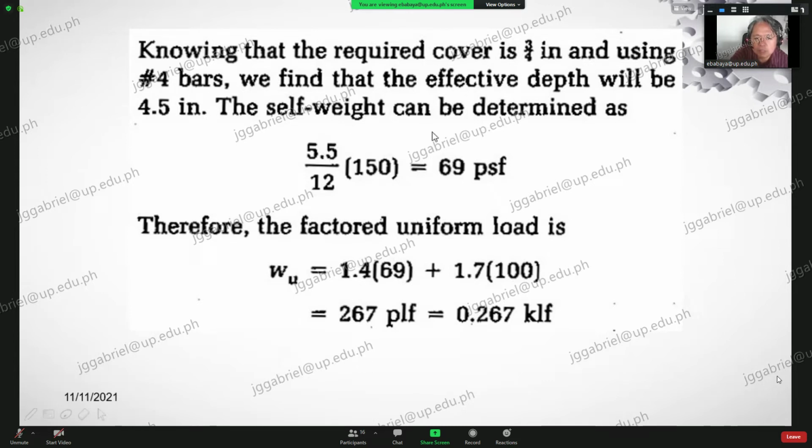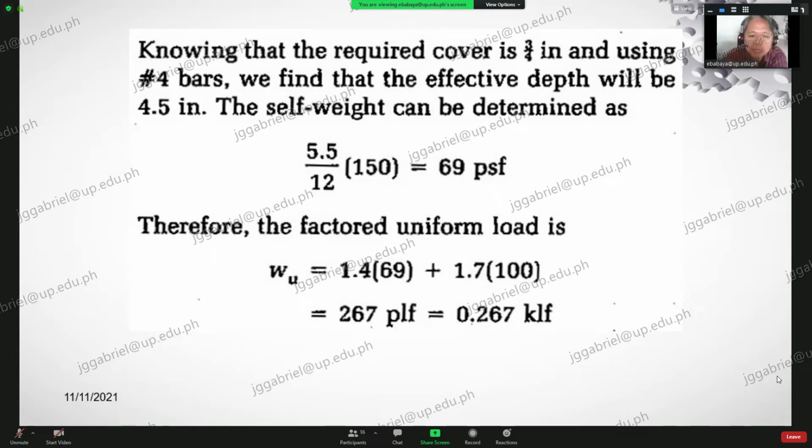4.5 inches. Now, the self-weight, we have to determine that. 5.5 is the total height, no? Or total depth. So 5.5 times 150. 150 is the unit weight of concrete.